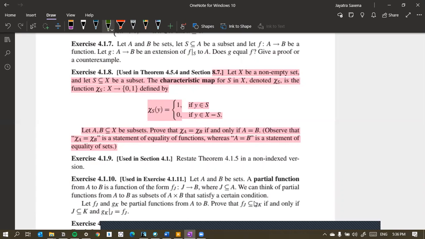Now let A and B be subsets of X. Prove that the characteristic map of A is equal to the characteristic map of B if and only if A is equal to B. Observe that this is a statement of equality of functions, whereas this is a statement of equality of sets.